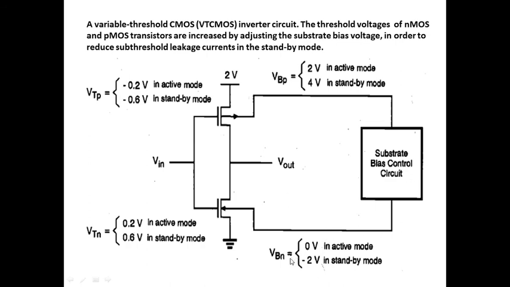Again, when the transistor is in active mode, the substrate is at 0 volt, but when it goes into standby mode, the substrate voltage of the NMOS transistor will change to minus 2 volt. So to change this substrate voltage, there is a bias control circuit that will change the substrate voltage of NMOS and PMOS to 4 volt and minus 2 volt when they go into standby mode.